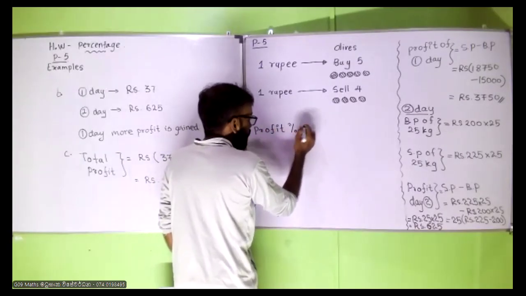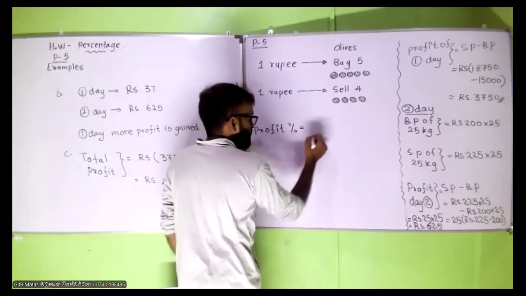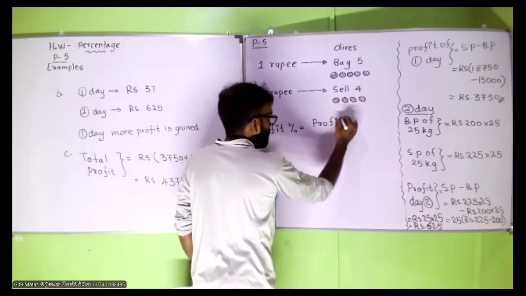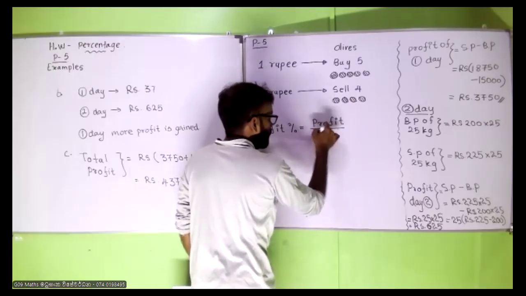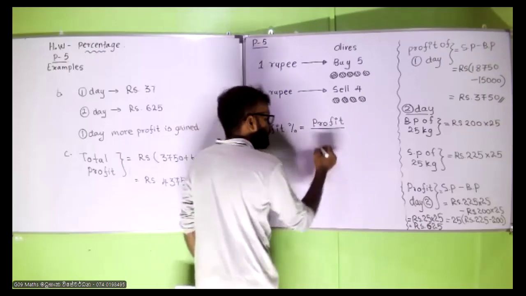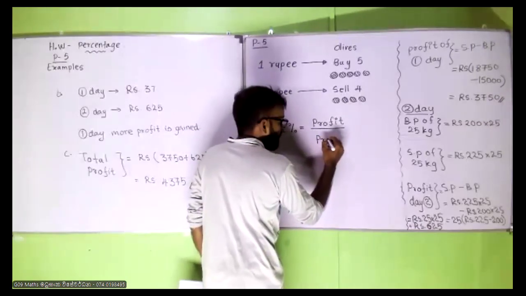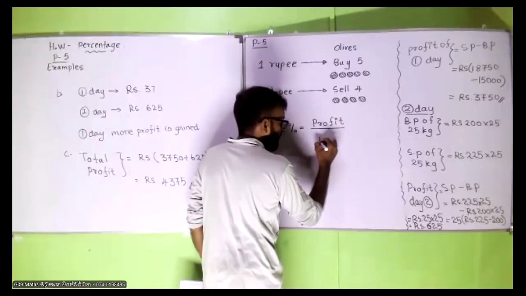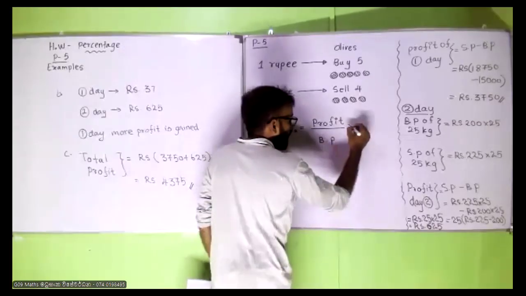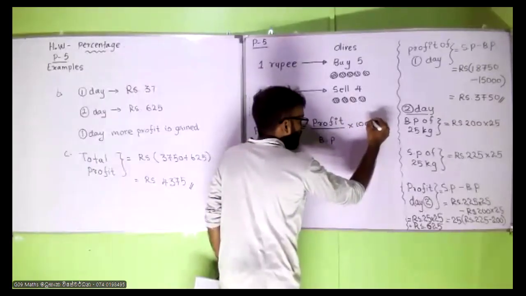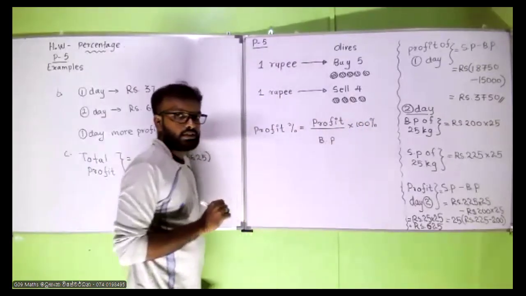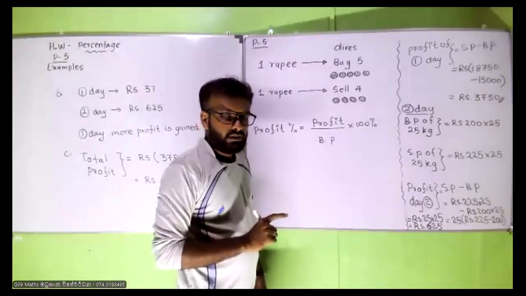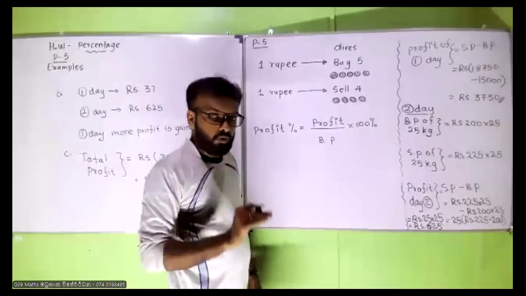You need to know the profit, and you need to know the buying price, and multiply by 100% so that you can get the profit percentage. Now, do you know the profit that the person gained? No. So we need to find the profit.